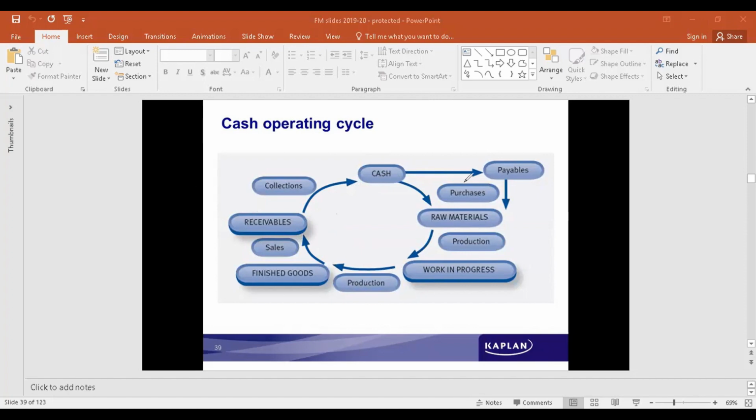So their longer operating cycle is creating more problems for the business because whenever they require cash, they may have to go and raise additional funds from other sources. That also involves interest. The cost has to be paid on that.